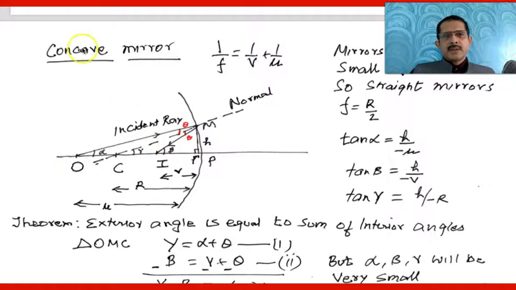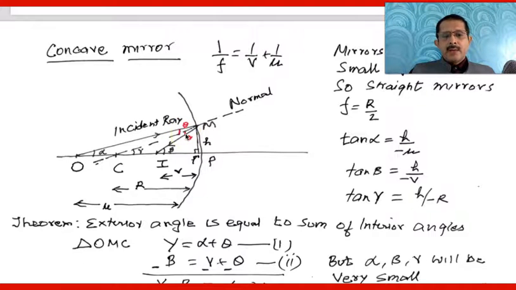Just for this derivation, let's assume this angle is alpha and this angle is beta. The other assumption is that this is theta, and this angle is theta as well. Why? Because the angle of incidence is equal to the angle of reflection.